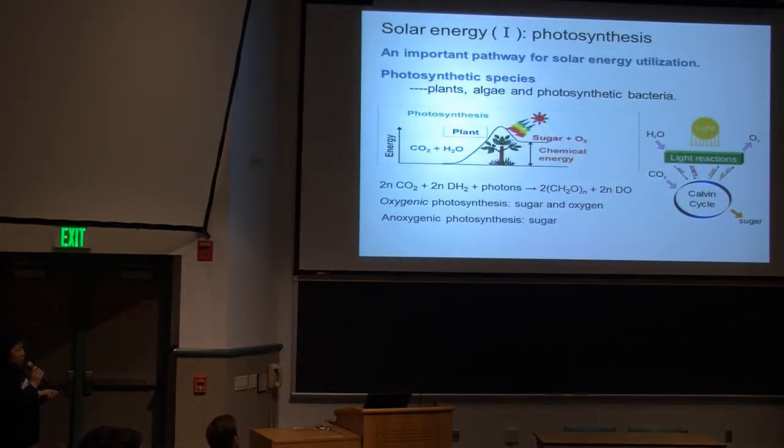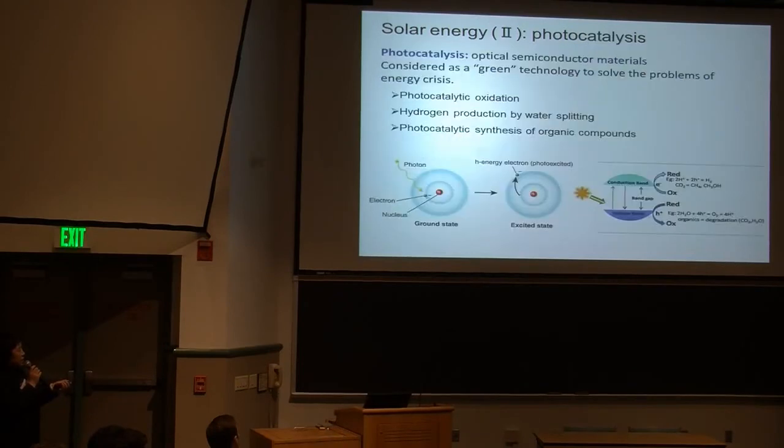Now we have two ways to use solar energy on Earth. One is the photosynthesis process, a popular process, the Calvin cycle, forming sugar and oxygen on Earth. The other one is the photocatalysis process.